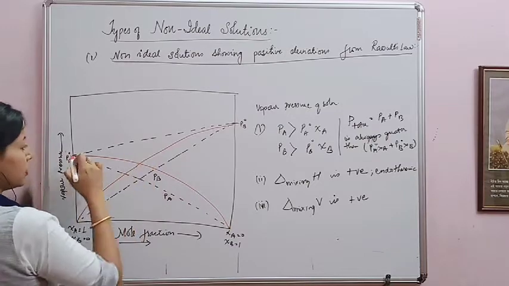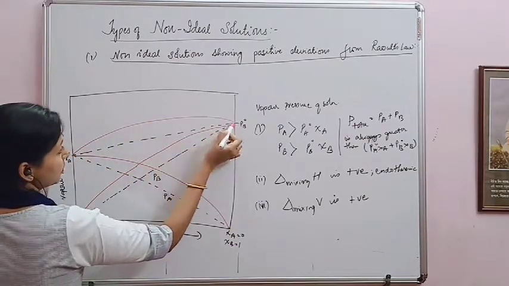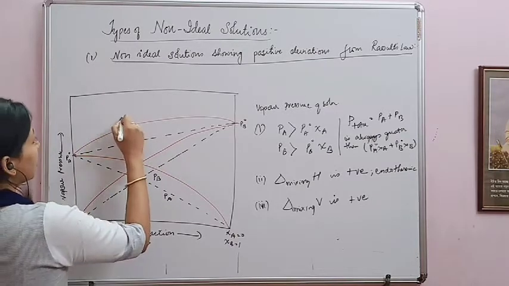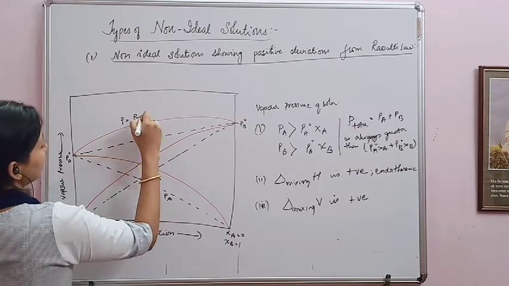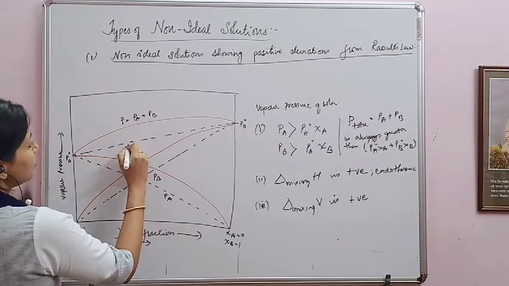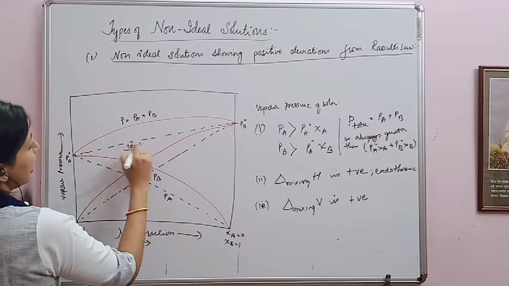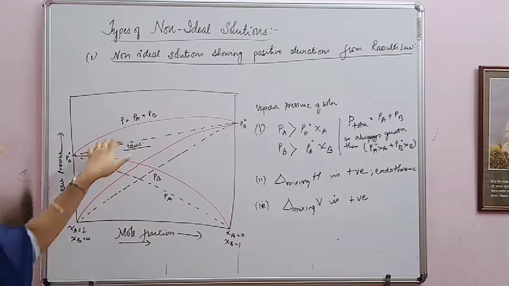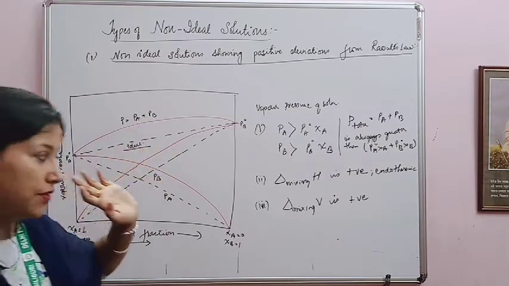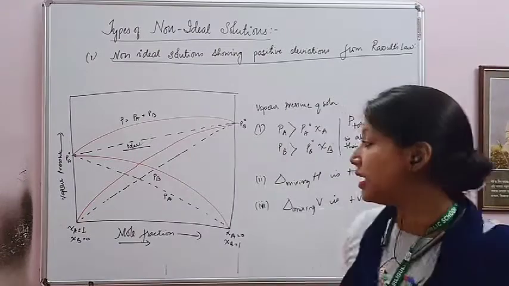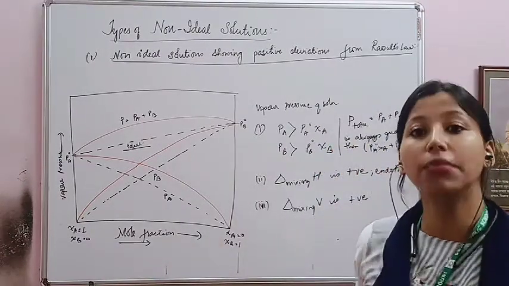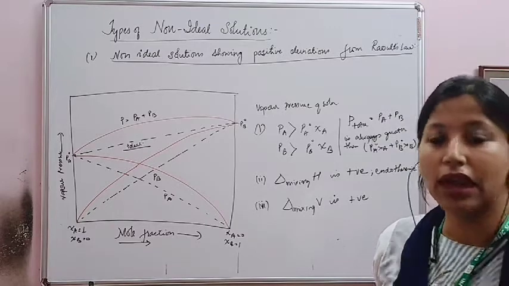Both the vapor pressures have increased, so the total vapor pressure of the solution will also increase. That means P is equal to PA plus PB, and this was the solution. This is the ideal condition graph. The dotted ones is for the ideal condition and this is for the positive deviation. So this plot is for solution showing positive deviation from Raoult's law. Okay, I hope it is clear.